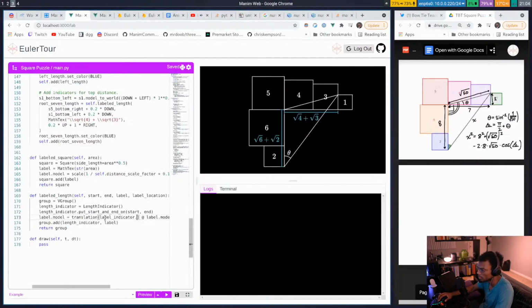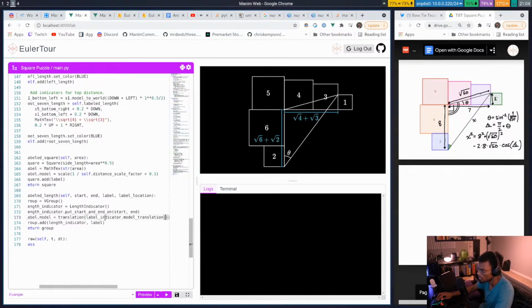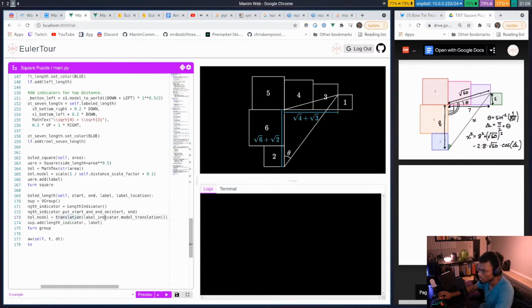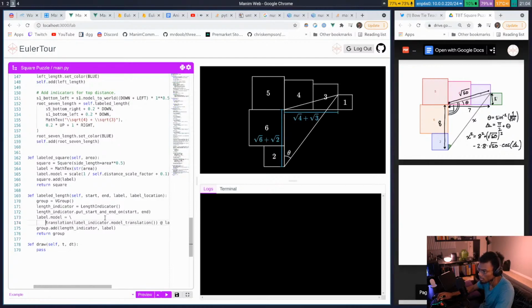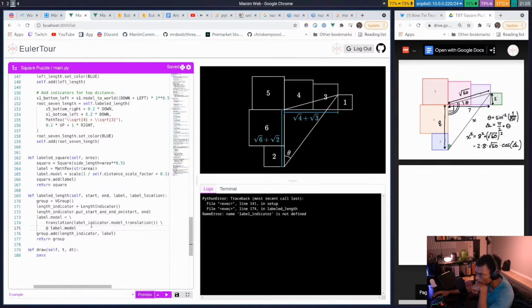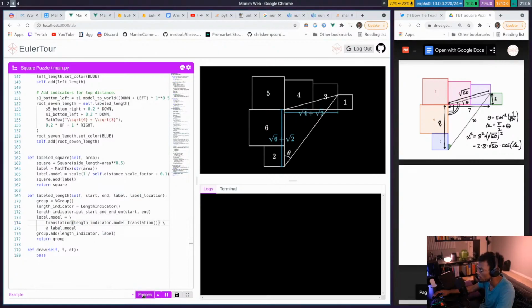Model translation. Length indicator. Great, now it's offset for the center.